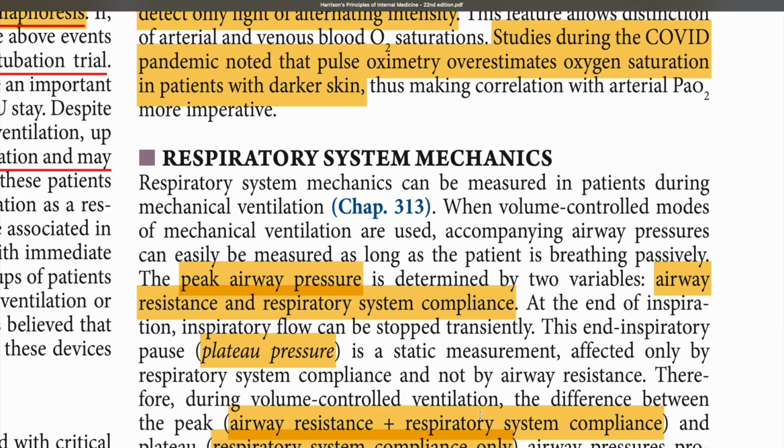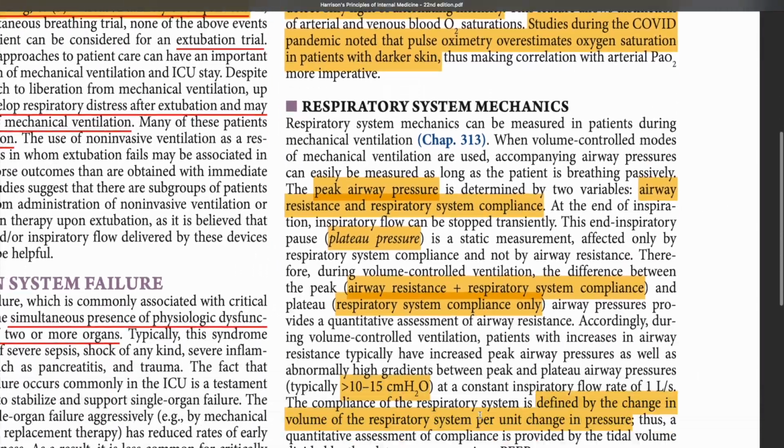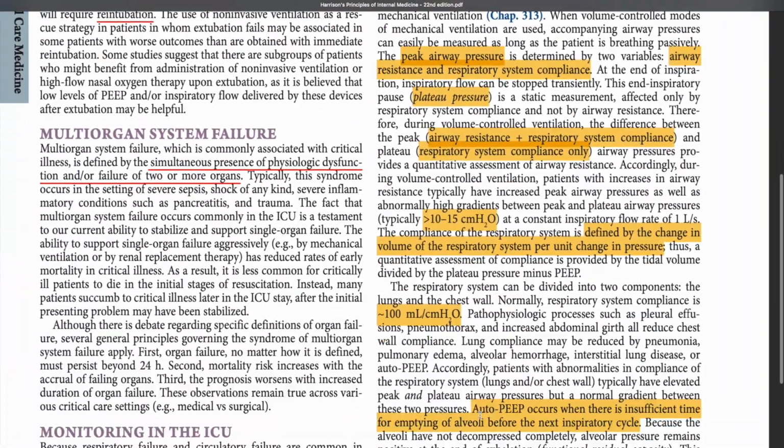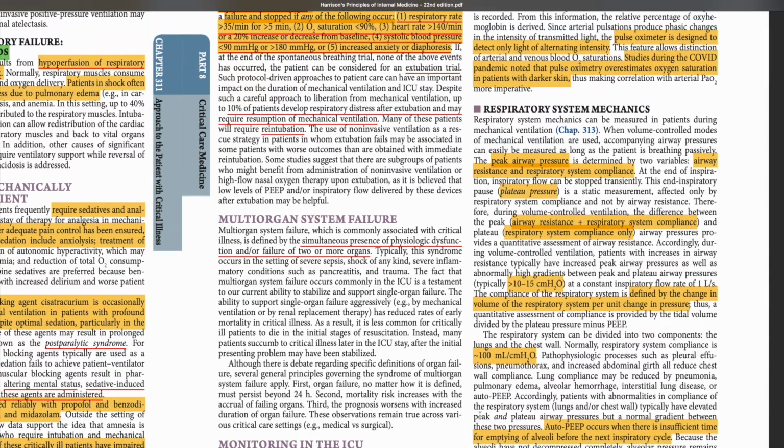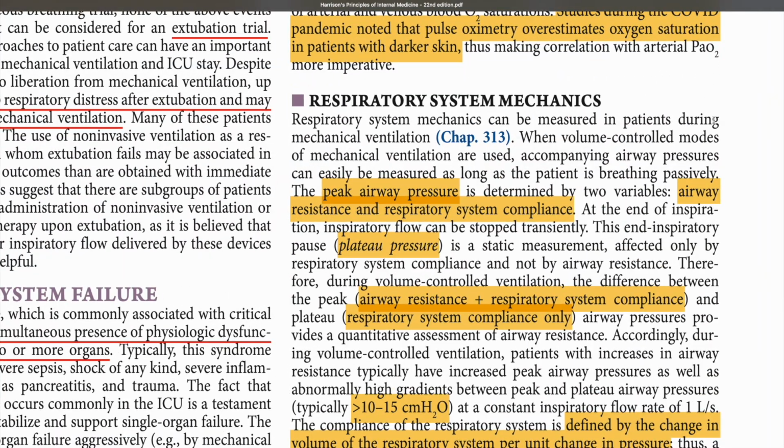So now let's get into respiratory system mechanics. I don't want to confuse you guys with these things, so I'll explain it in a structured way. When using volume controlled modes, airway pressure can give us important information, two things: peak airway pressure and plateau pressure.